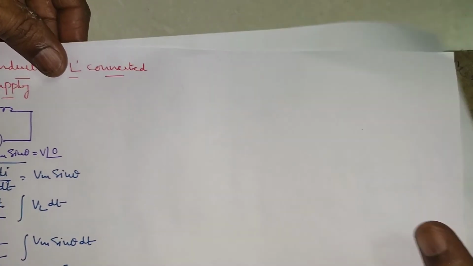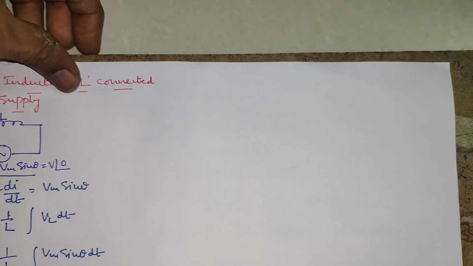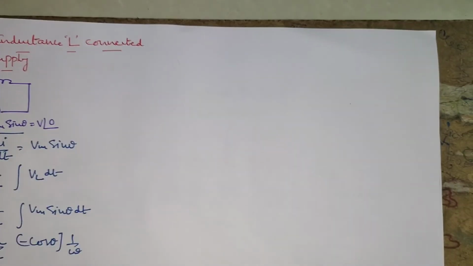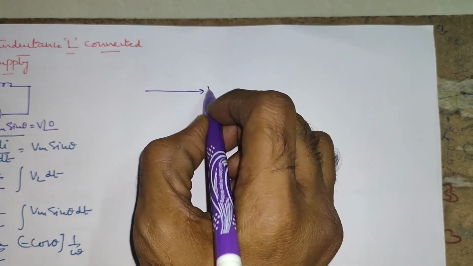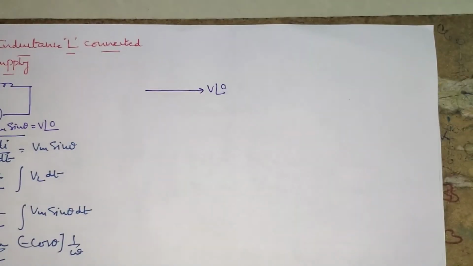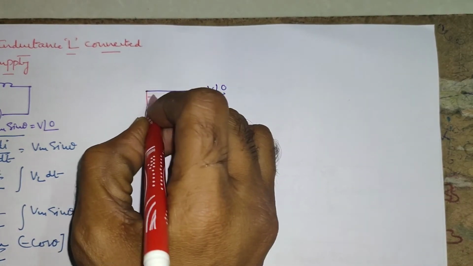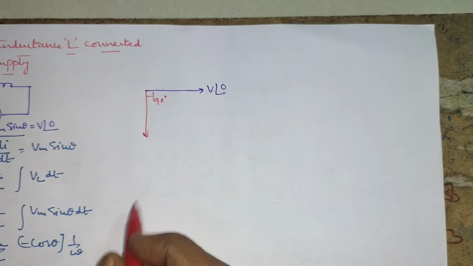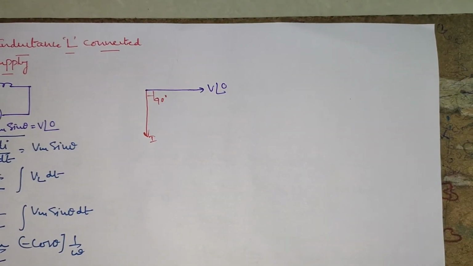Let me draw these vector diagrams here. When we consider the voltage vector V at an angle of 0, the current vector is going to lag behind the voltage vector by 90 degrees, as per the equations we are drawing.